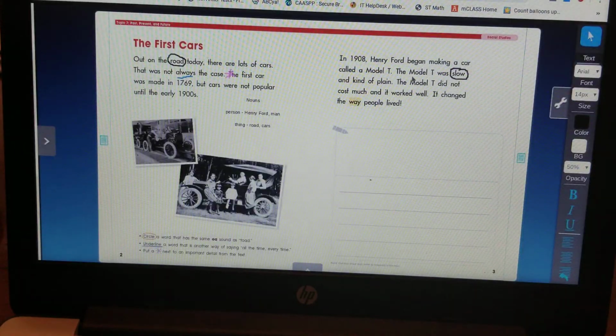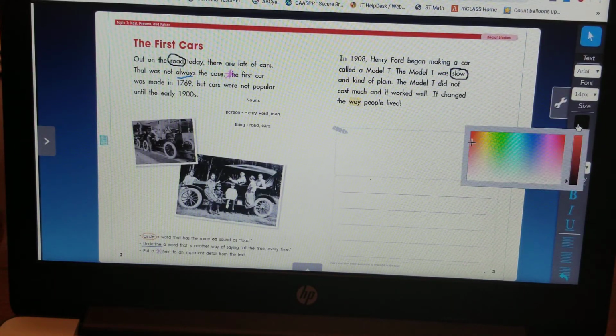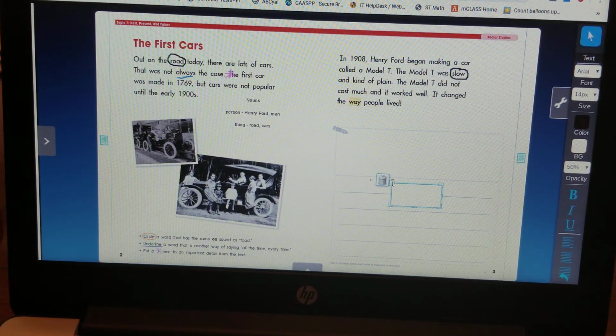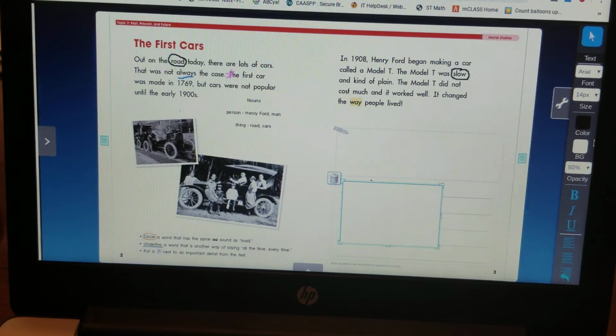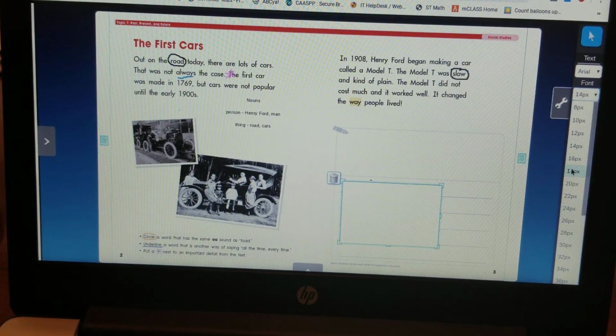So, in your shared writing book, you're going to put this information. Okay, so I'm having trouble making the text box a little bit bigger, so we're just going to make it work here. Okay, so let me make my font a little bit bigger.